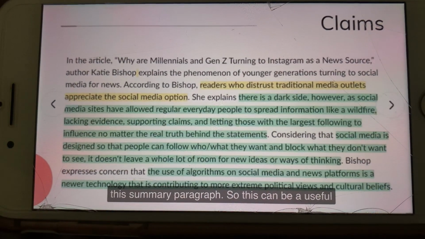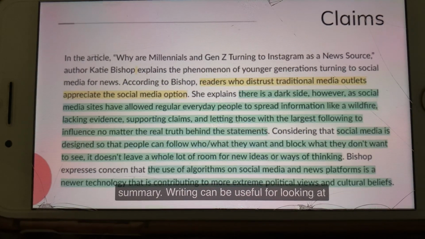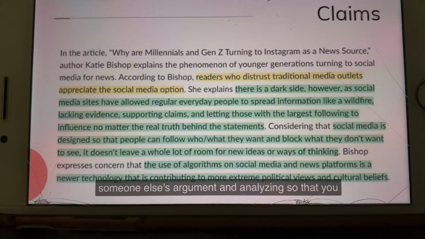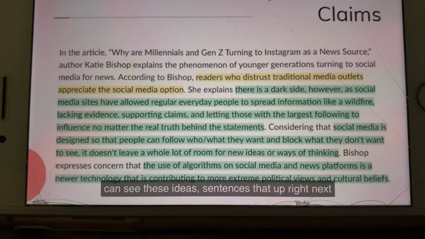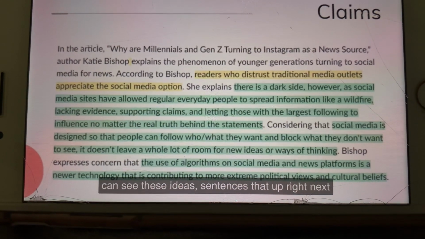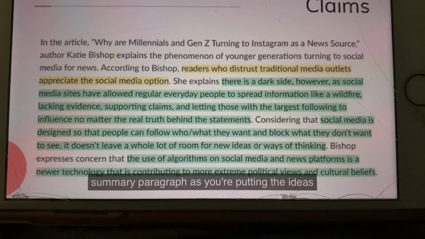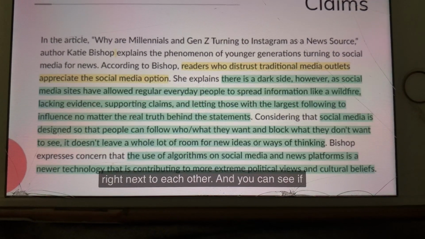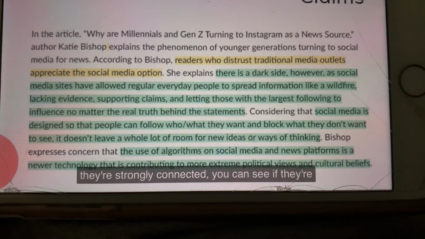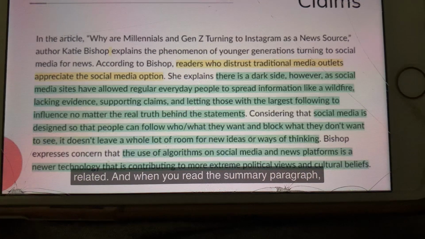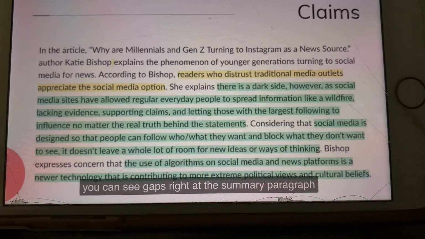So summary writing can be useful for looking at someone else's argument and analyzing, so that you can see these idea sentences up right next to each other. That's a lot of what happens in a summary paragraph, is you're putting the ideas right next to each other, and you can see if they're strongly connected, you can see if they're related, and when you read the summary paragraph, you can see gaps, right?